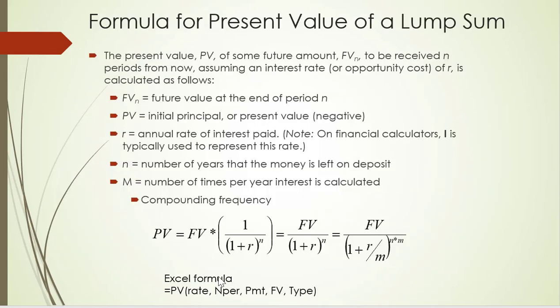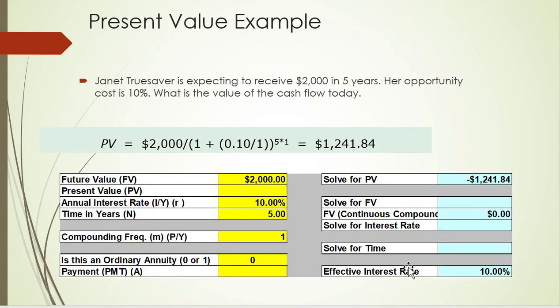What about present value? Again, you see we have the same setup of formula for Excel, except we start with present value. And again, here is our ultimate calculation. You take the future value and divide it by this denominator that looks an awful lot like the multiplier we had in the future value calculation.